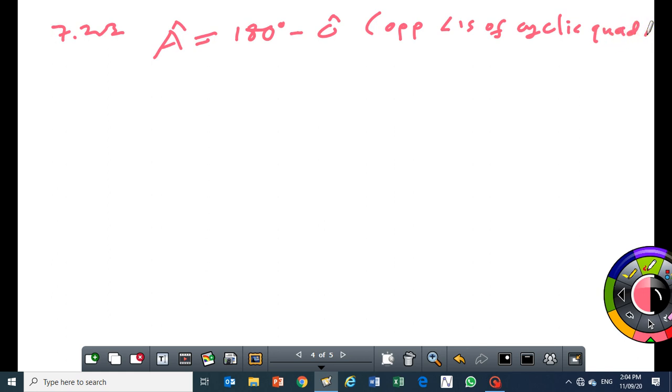So angle A is going to be 180 degrees minus 100, because we got C. So you get 80 degrees. It's 1 mark, so here they might give a mark for both the answer and the reason, or they might give it for the answer only.